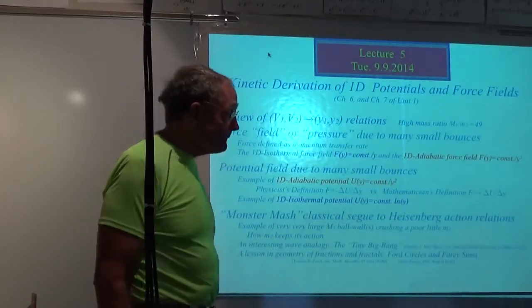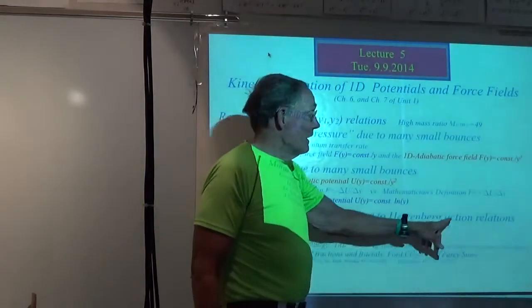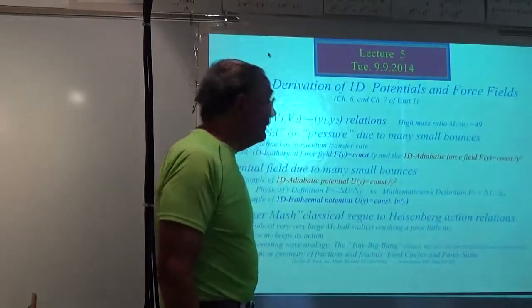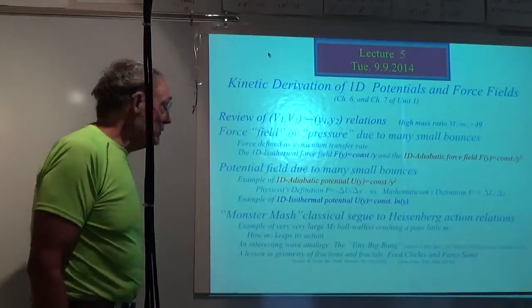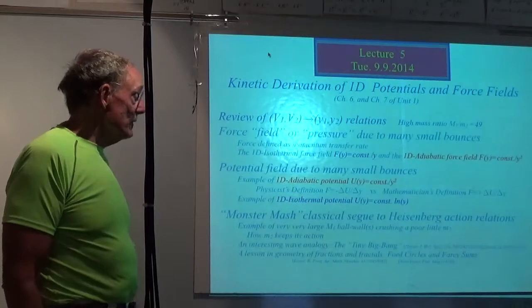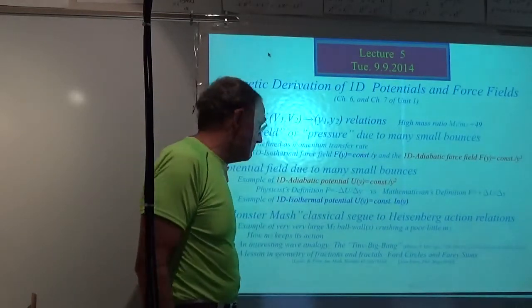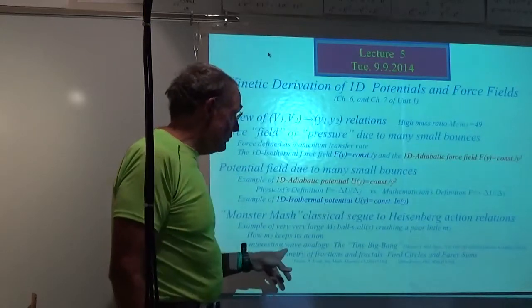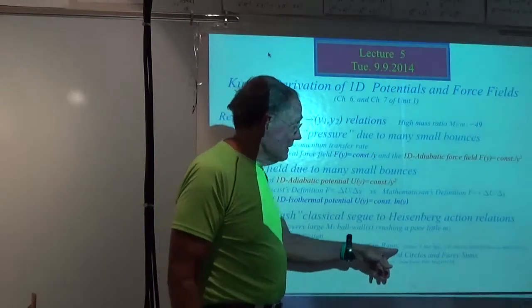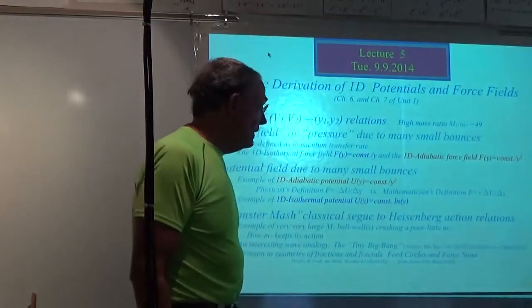But it's just another very important dynamical variable. And then at the end, after we've seen this, what we call the monster mash, I'll show you an interesting wave analogy that is fun.